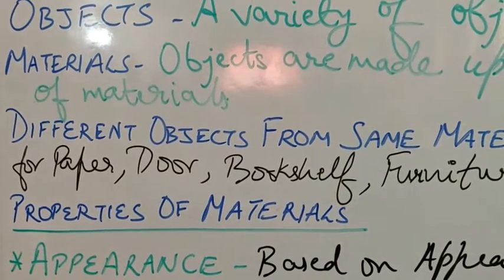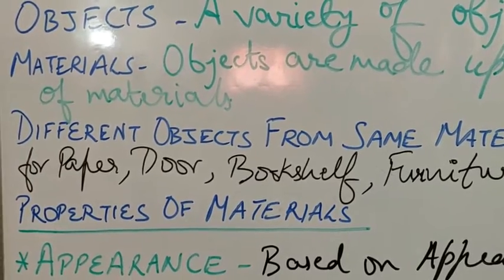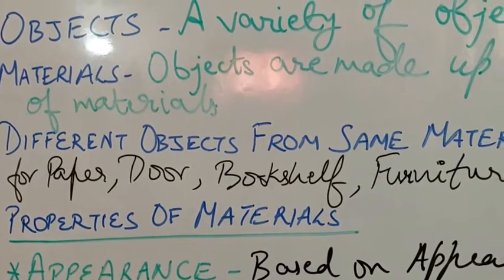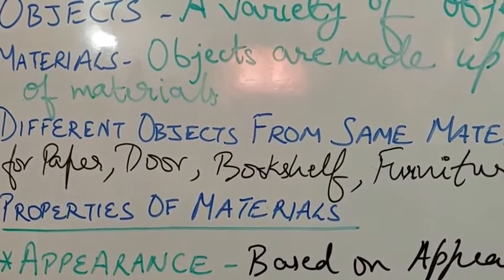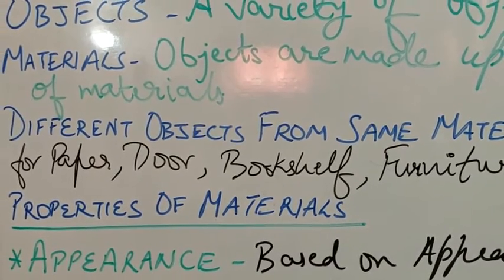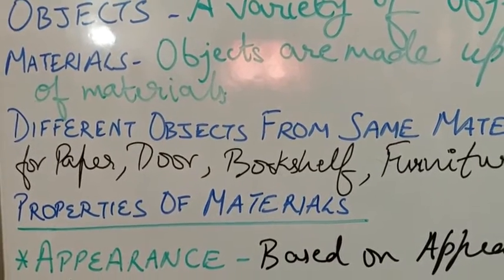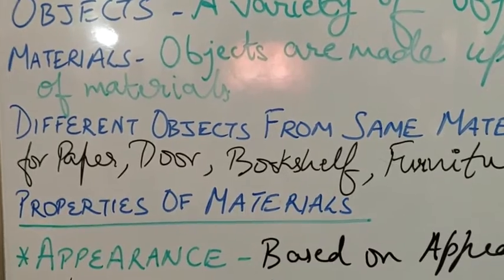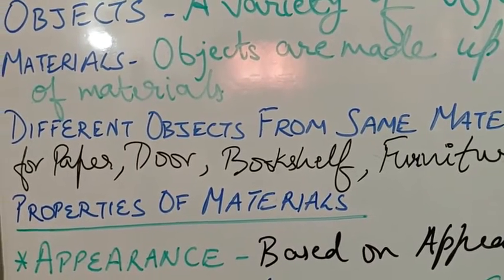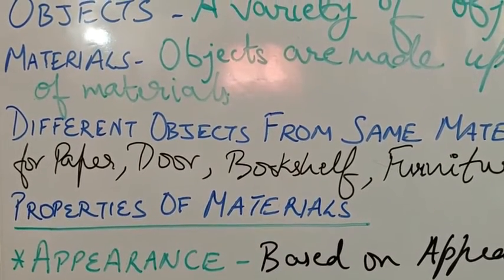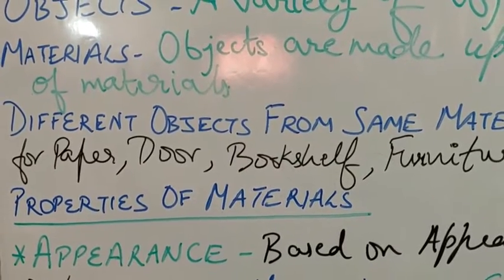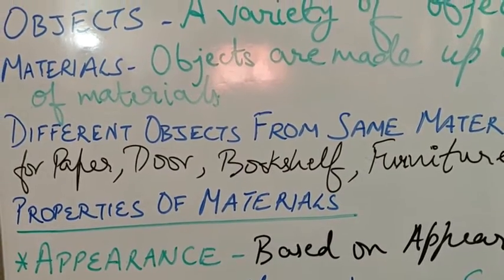All these are objects, and all of the objects are made up of some material. For making an object, we can use one material or more than one material. Different objects can also be made from the same materials.